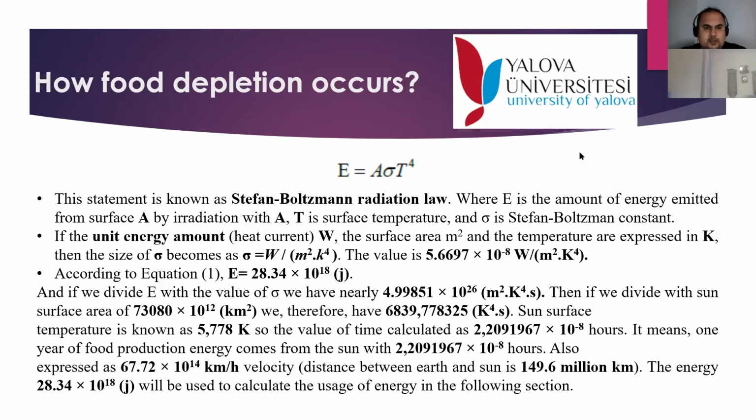These are the animals. According to this equation, E equals the energy converted by the animals. If we divide E by the Stefan-Boltzmann constant, we have approximately 5 billion energy. There are some following calculations on this equation.